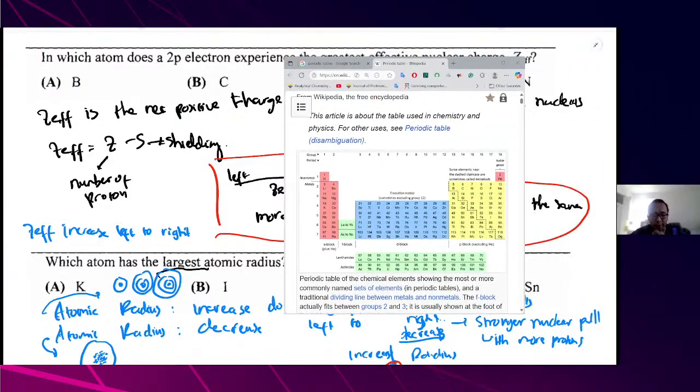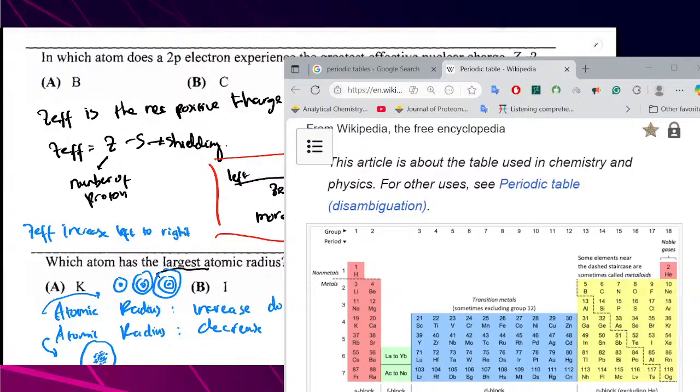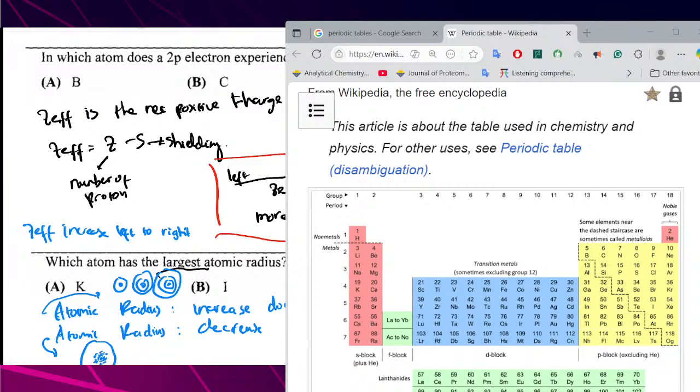So if you take a look at the question, this is K, and then Rb. All of them are on the left except Sn and I. So the ones most to the left are only K and Rb.